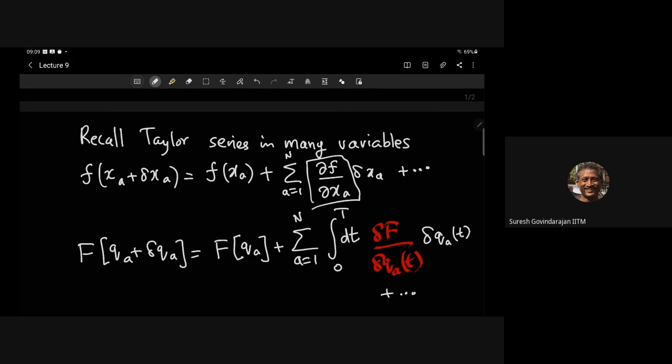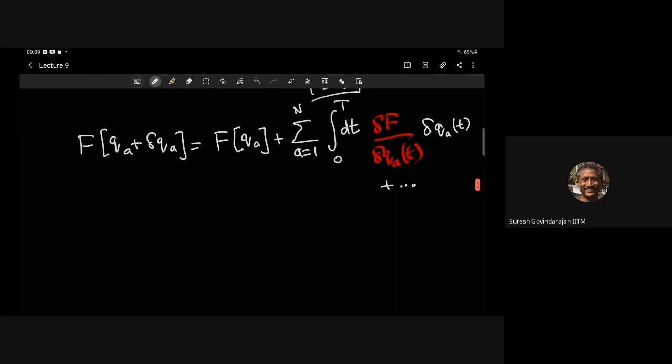Is this clear? So there will be as many derivatives. We don't have a special symbol for functional derivative, but this is the functional derivative with respect to q1, q2, q3 up to qn. So this is the analog of partial derivative. So this is what one will write.